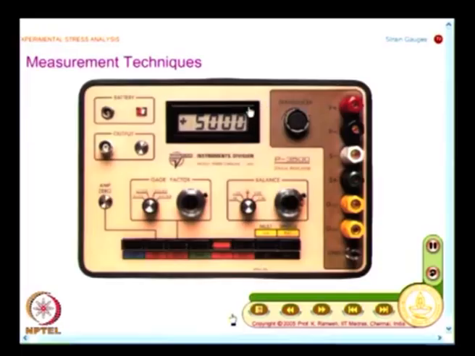And what you see here is, you see this as 5000 micro strain, and periodically you need to keep calibrating the equipment. So, what you have is, you have a standard shunt resistance available in the equipment itself that can be connected, and that is rated for 5000 micro strain. So, that is how you keep calibrating the equipment.